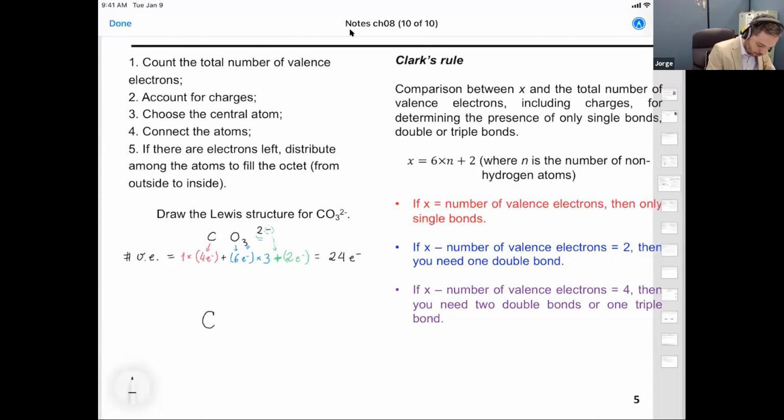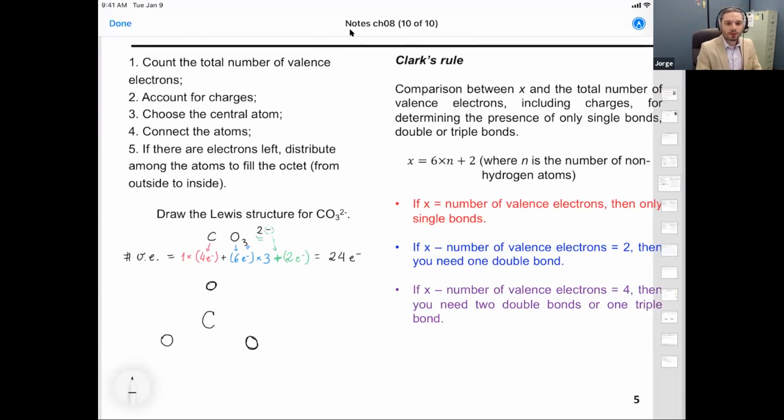Carbon is going to be surrounded by oxygens. So I'm going to draw them here as a triangle. It doesn't matter for now where you position the elements around the central atom.